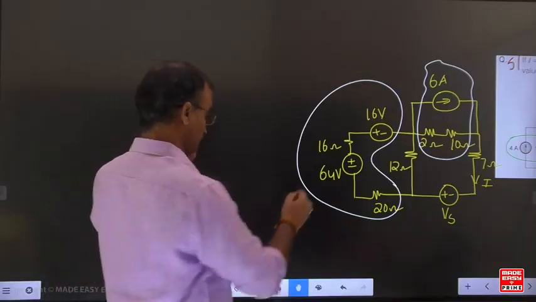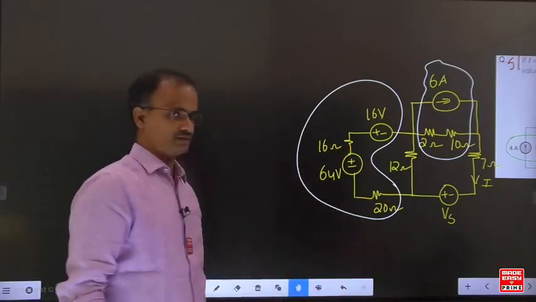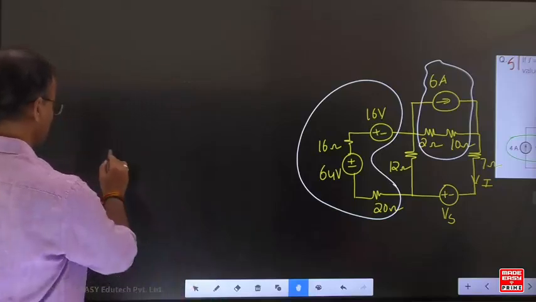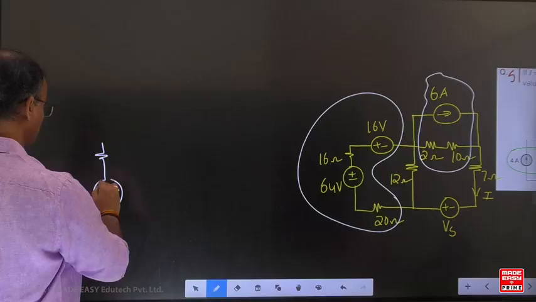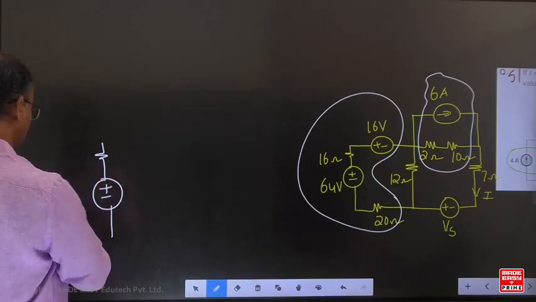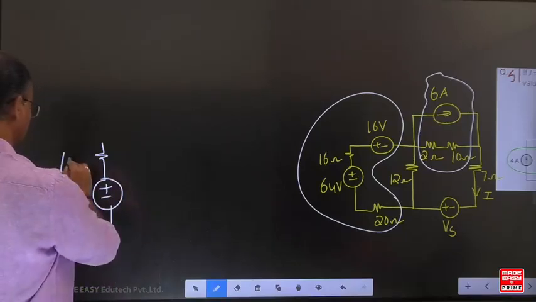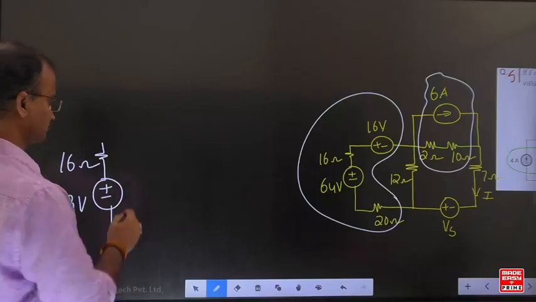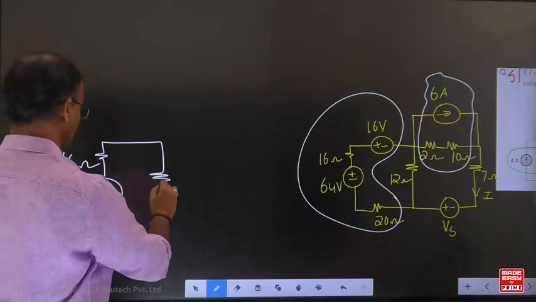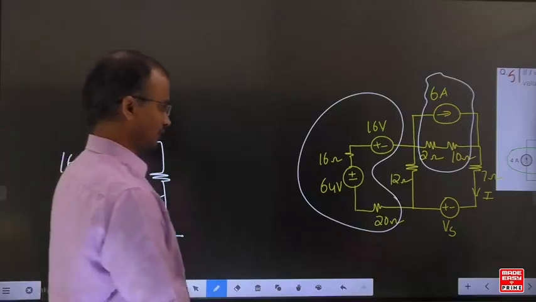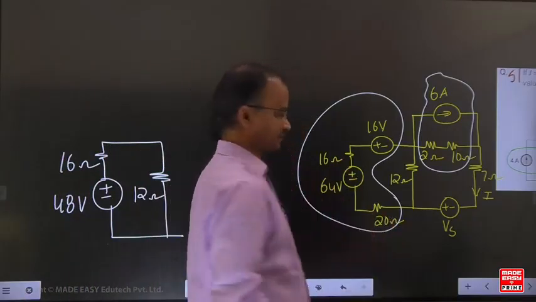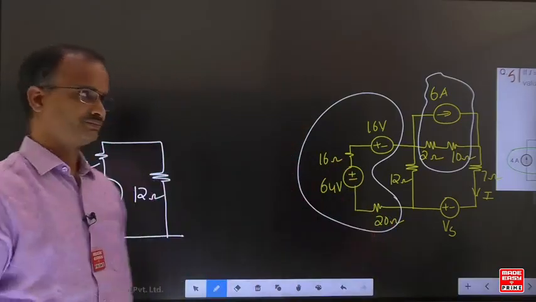Then 16 and 20 are both connected in series. What is the net voltage? How much? 48. The net voltage is 48, and 20 and 16 both are in series, 36.